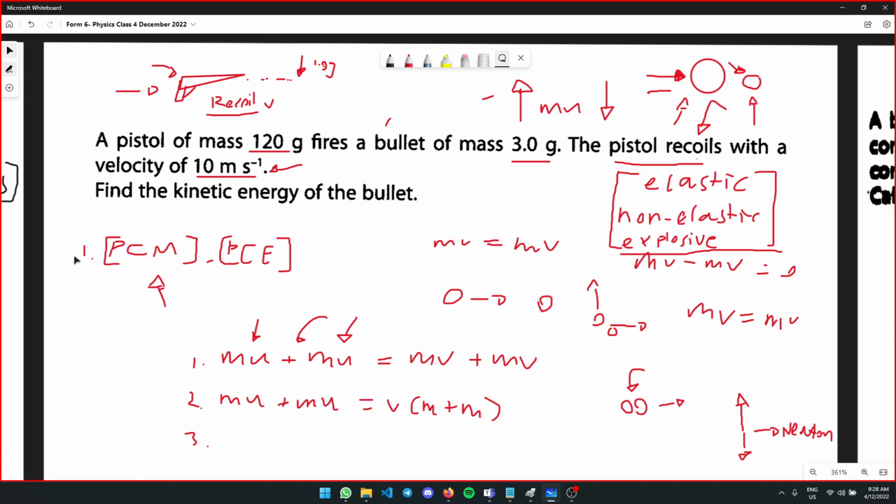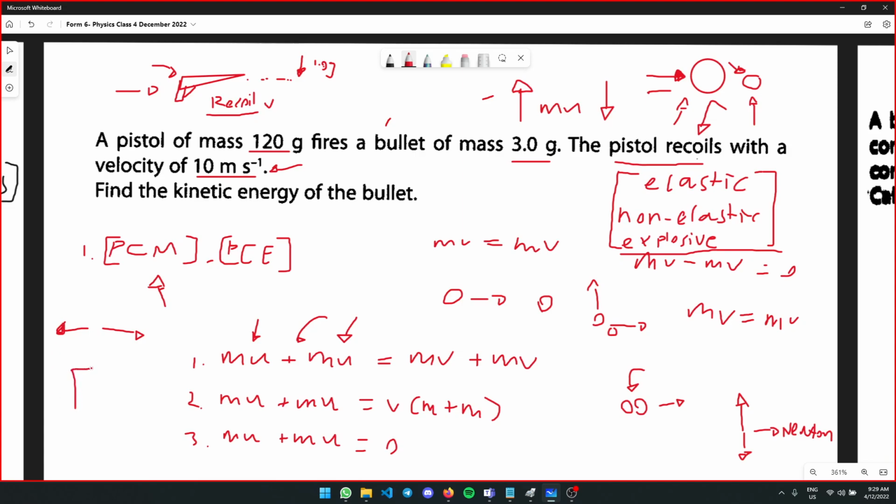Okay, back. The last one is explosive, like recoil. mu plus mu equals 0. It means the momentum on one side is equal to the momentum on the other side.